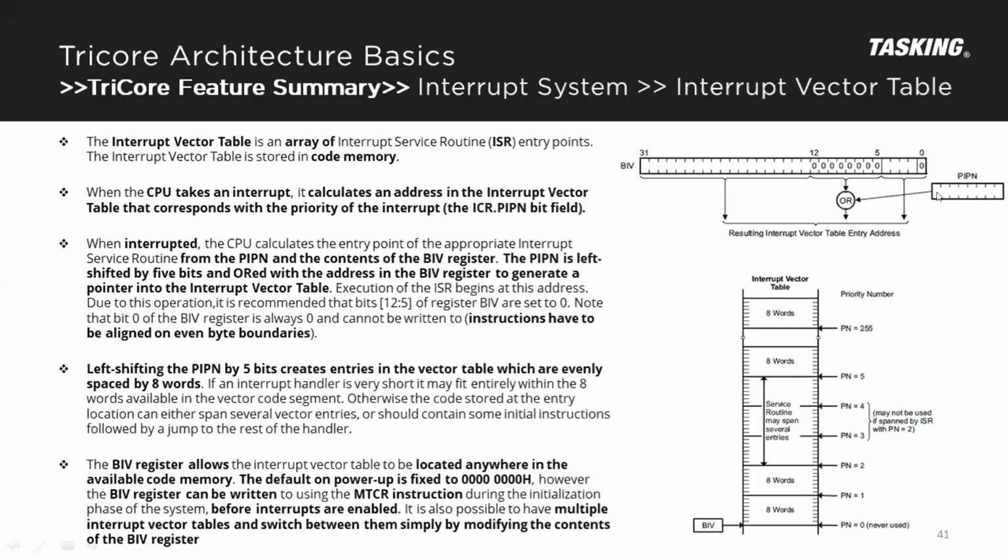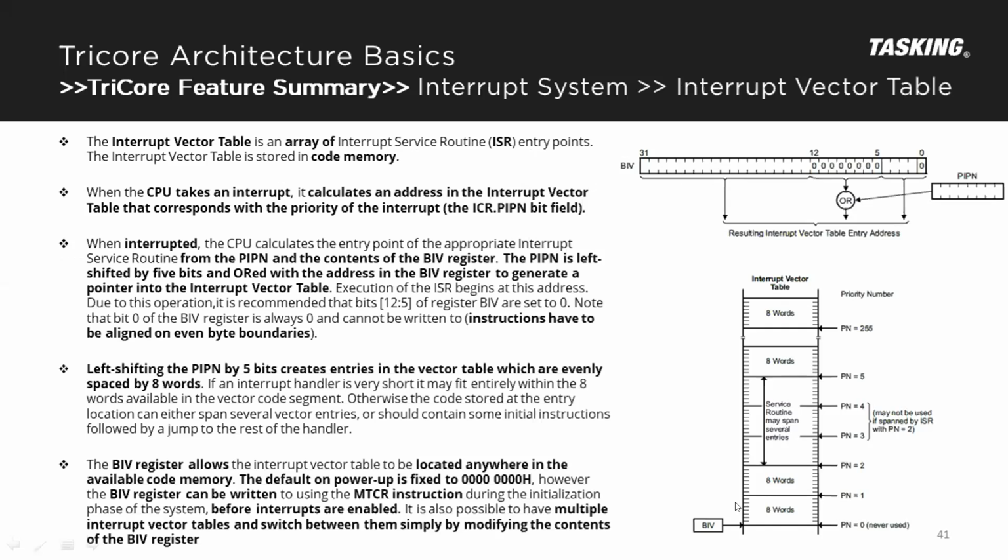Okay, so now from the interrupt vector table, in order to fetch the first instruction of any of the interrupt service routines. First, this is the interrupt vector table, which consists of different code blocks.